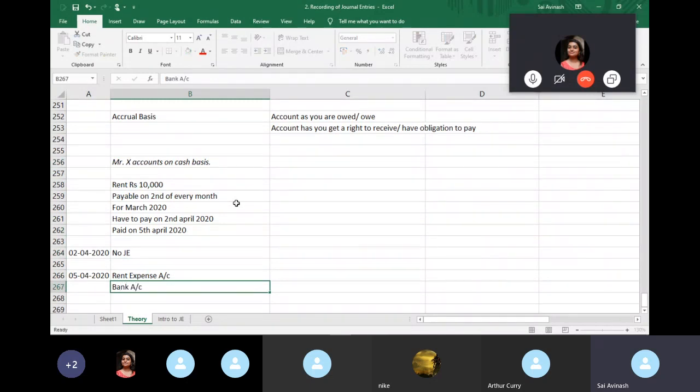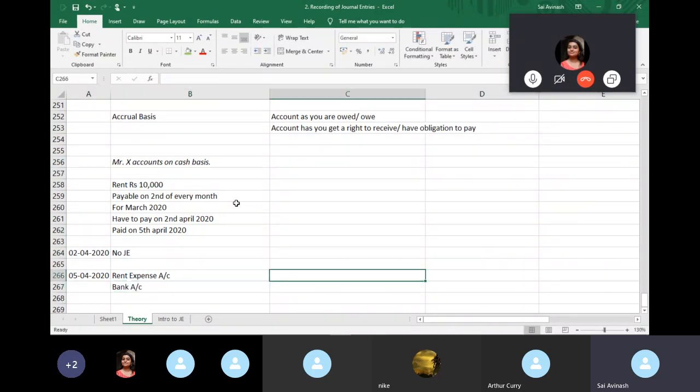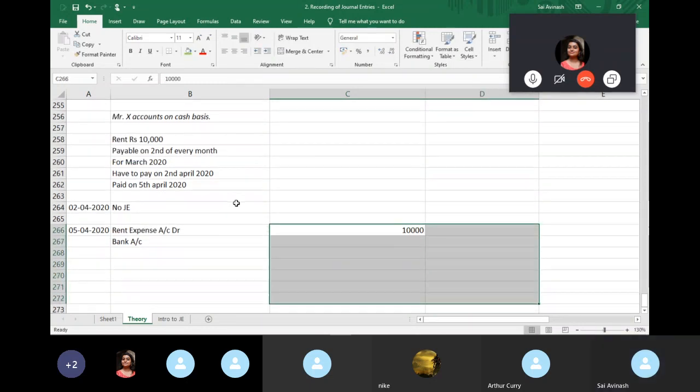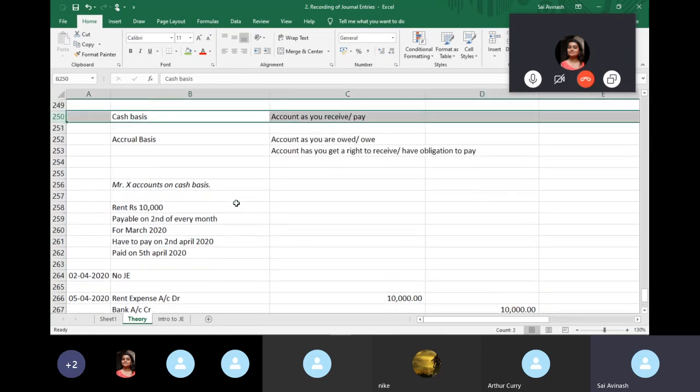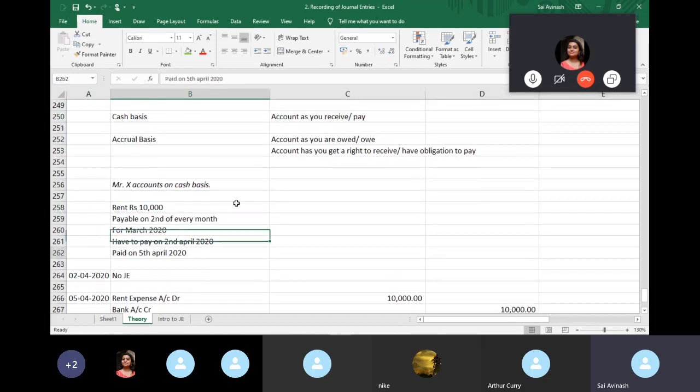So expense increases, you debit 10,000, and my bank balance reduces because I'm giving a check, also 10,000. So this is cash basis, which means you account as you receive or pay.